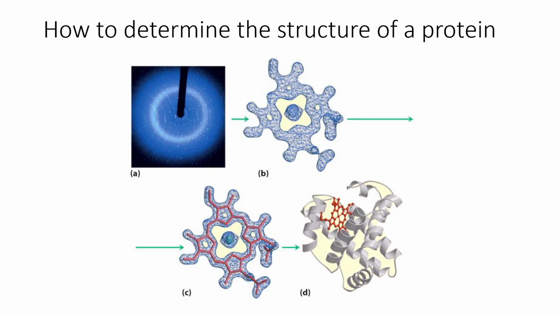Now it's all done by computer programs; you used to do this by hand. From how the spots go, you can infer back where there were electrons around the atoms. Now I know where there were electrons around the atoms, and I know what the pieces of my protein are, and I can try to fit them.